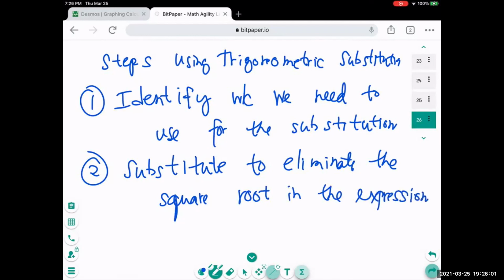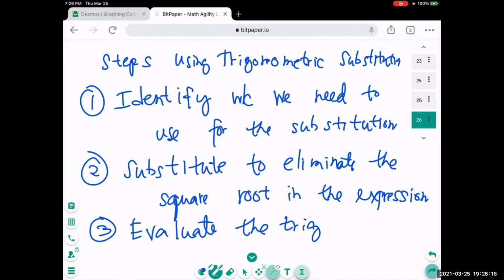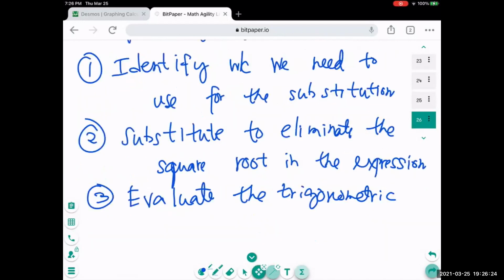And then what's the third step we do? So third is we evaluate the trigonometric integral. So after we substitute, we evaluate it. If we can simplify some stuff in our trigonometric integral, then we did that in this step 3.